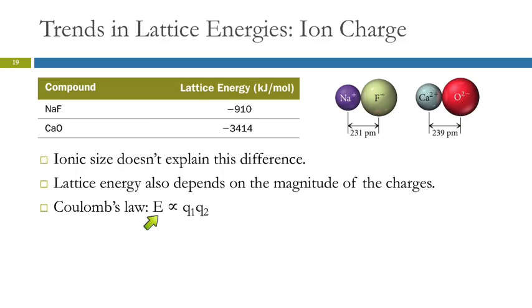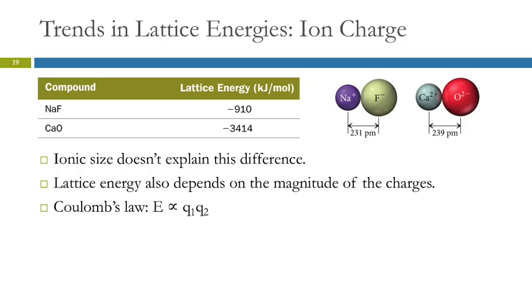Well, Coulomb's law, energy is proportional to Q1 times Q2. So if Q1 and Q2 are larger, then the energy is larger. So this is 1 times 1, and this is 2 times 2, or 4. So that predicts that this would be 4 times as attracted. And look at -910 and -3,414.